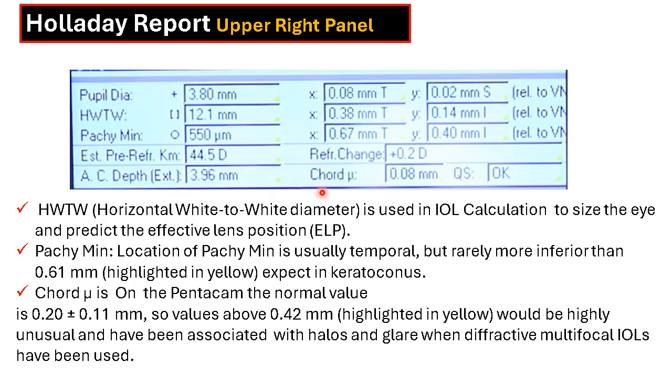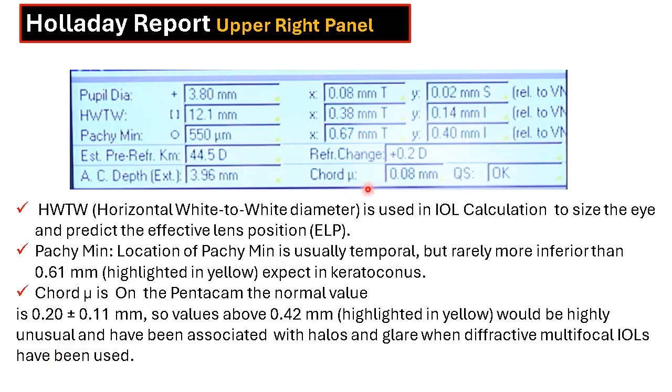Now, the chord mu is used in the Pentacam. Pentacam does not measure the angle kappa, but measures something similar, known as the chord mu, which is the distance between the pupillary center and the corneal vertex. Normally, it has a range of 0.2 plus or minus 0.1.